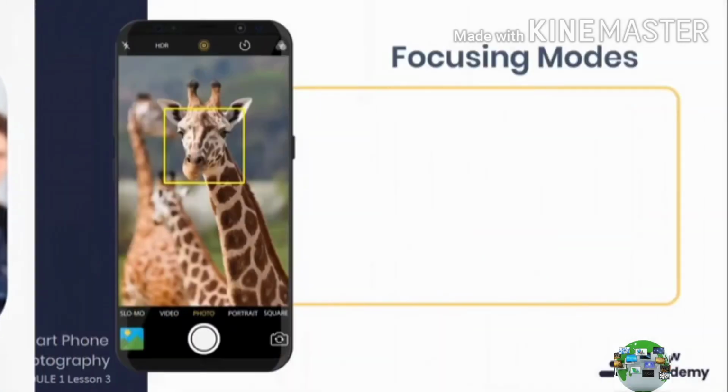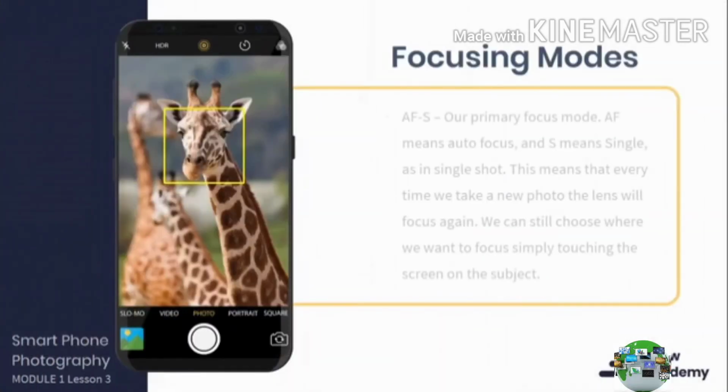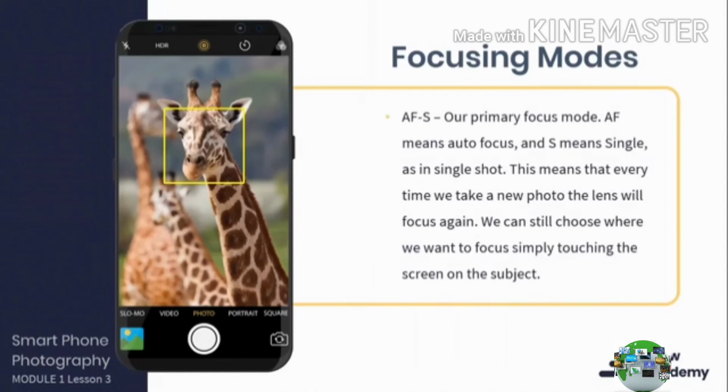So of course we can change our focusing by using our different focusing modes, but in this instance AF-S, autofocus single, is probably going to be our best bet, because we can simply press on the person or the object that we want to be in focus, and as I mentioned, the depth of field is going to extend from around that person.